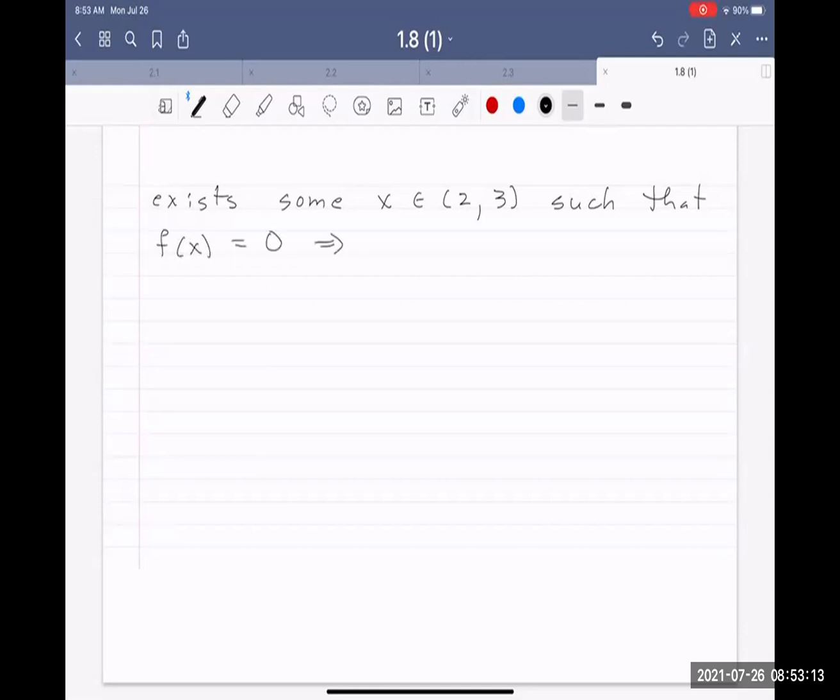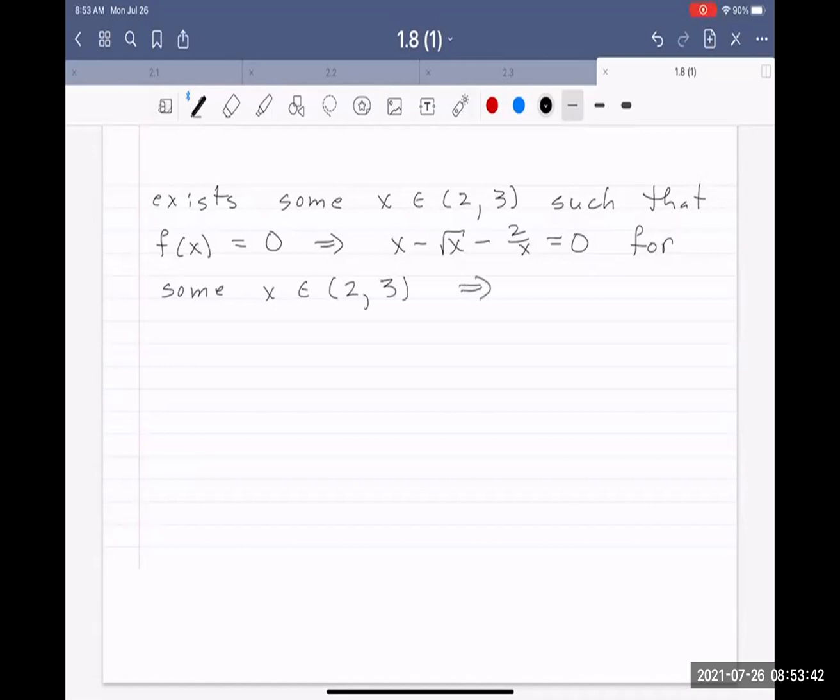So x minus the square root of x minus 2 over x is equal to 0 for some x in the open interval 2, 3.